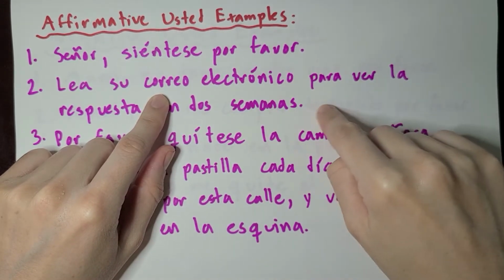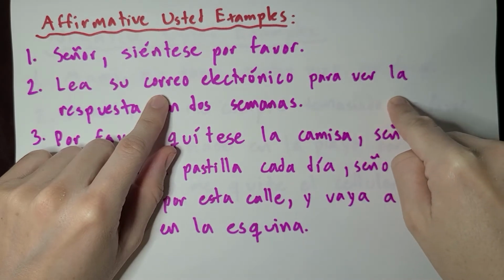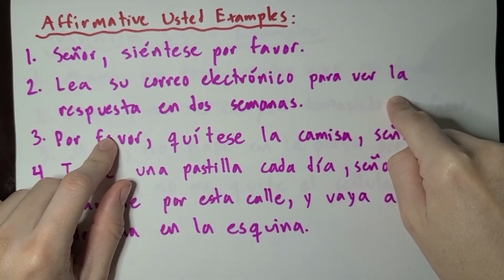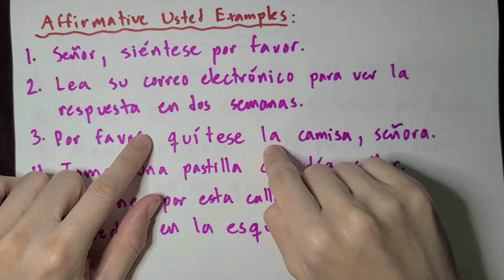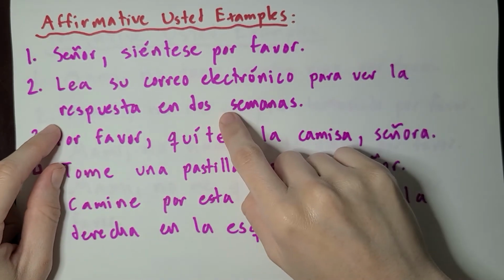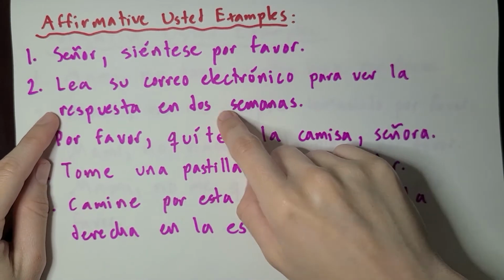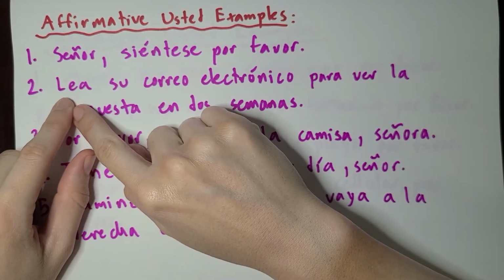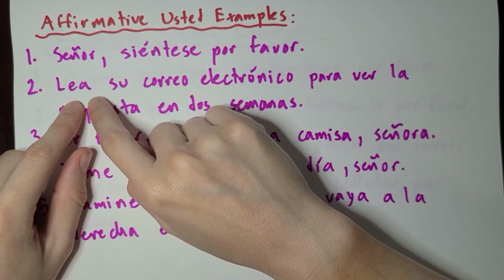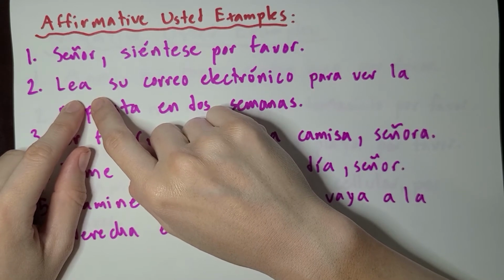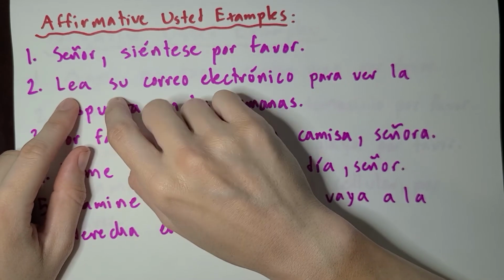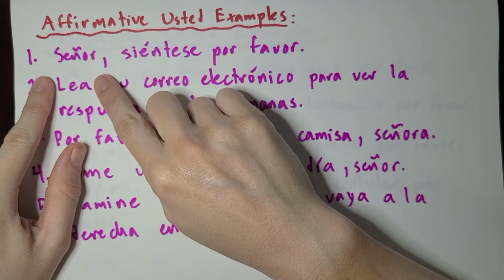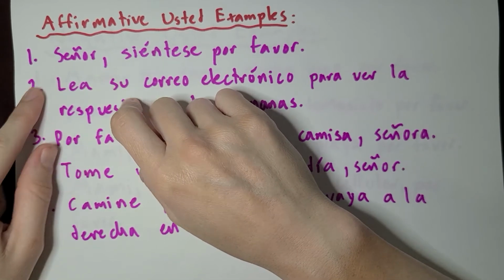Para ver, in order to see. Ver means to see. La respuesta, the response. En dos semanas, in two weeks. Read your email in two weeks to see the response. So you're talking politely to somebody and you say lea instead of lee su correo electrónico, which would be an informal command. We're using the subjunctive form, so it becomes lea.